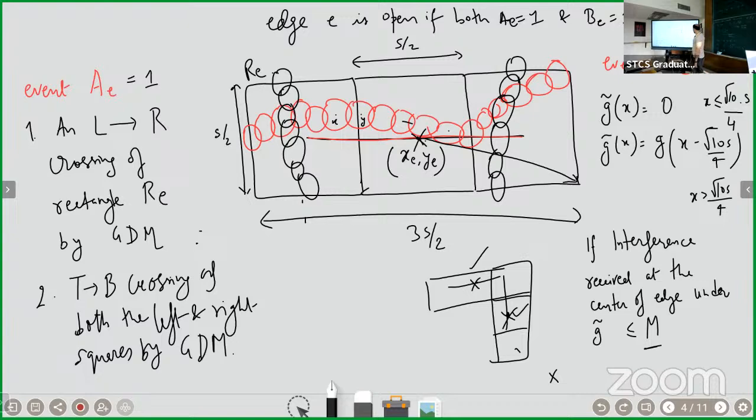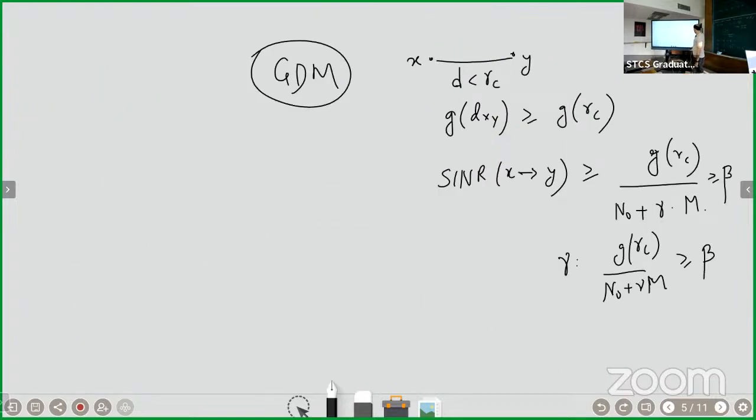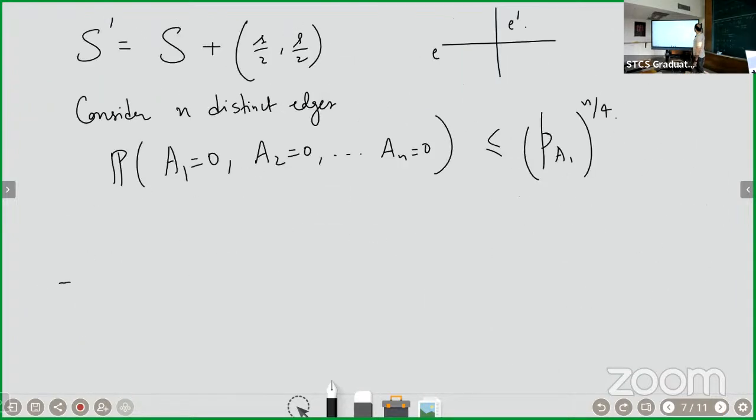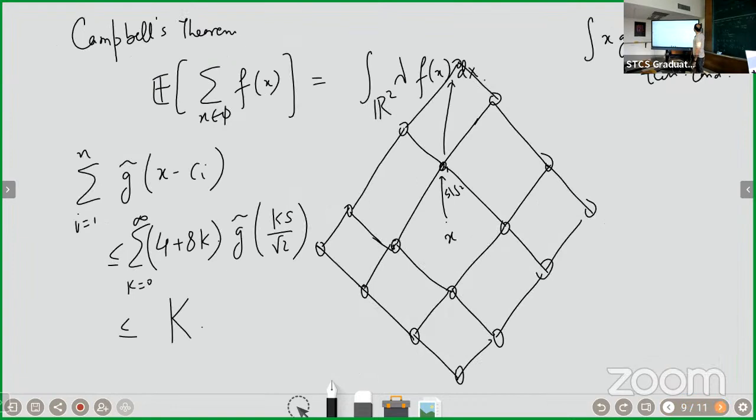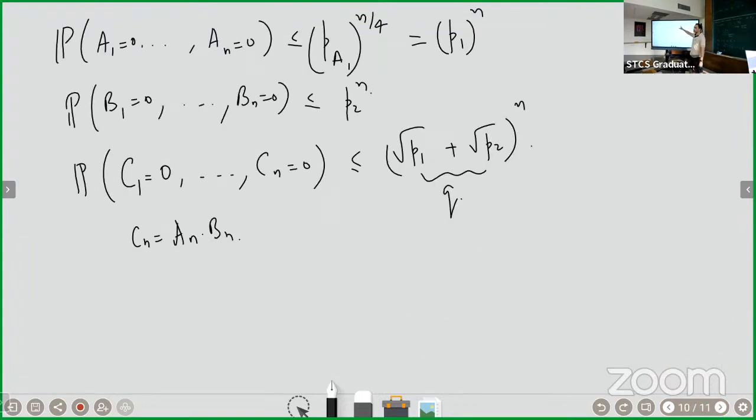Once you define this, all that remains is to show that there exist large enough S and M for which the probability of finding a closed circuit in the square lattice is less than 1. So the most important part was to actually make this connection. Once you made the connection, then this machinery is already standard.